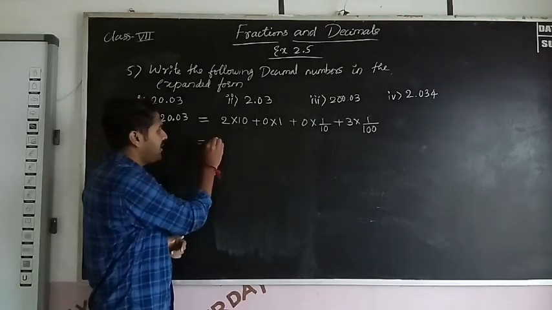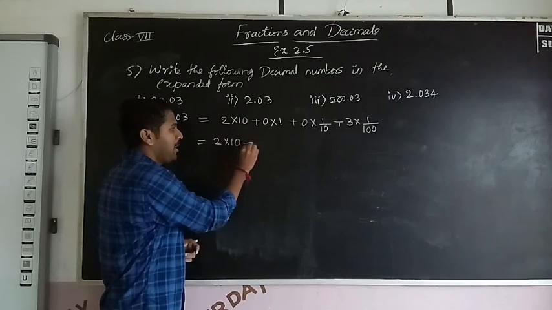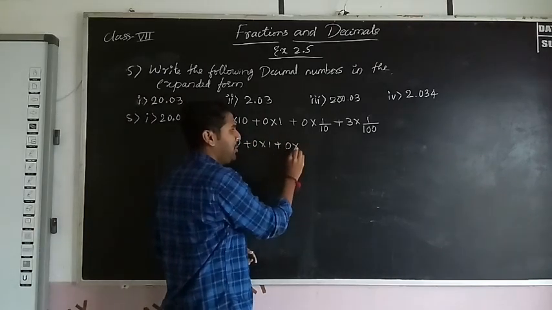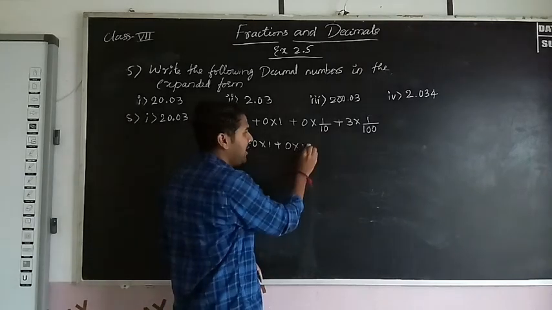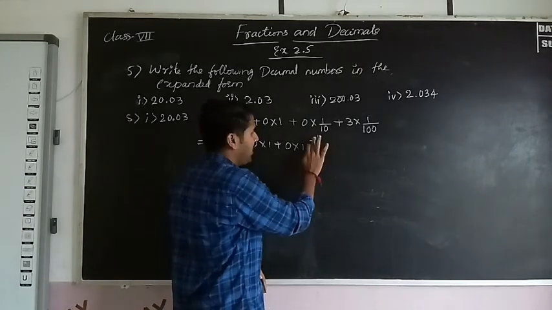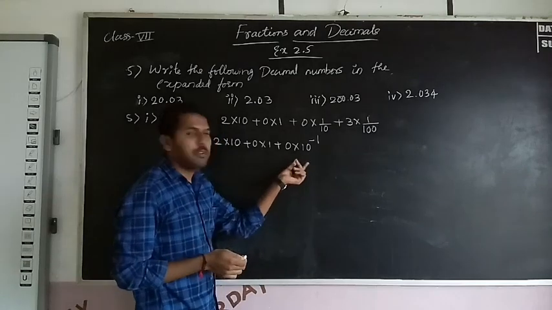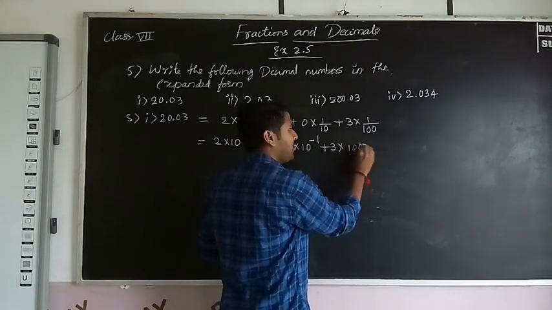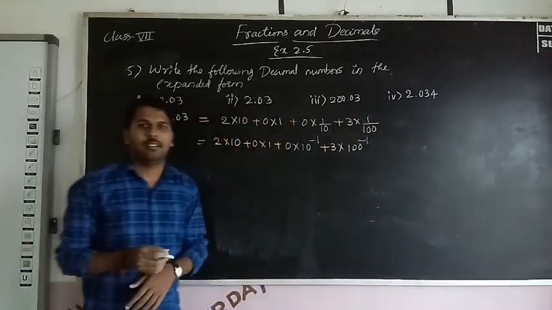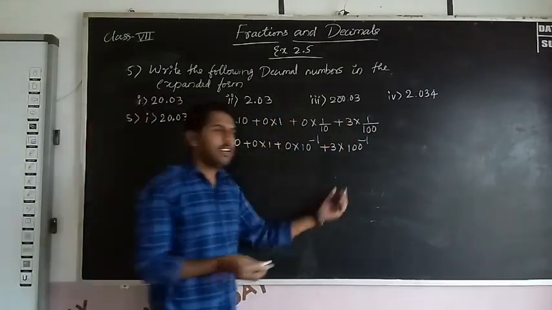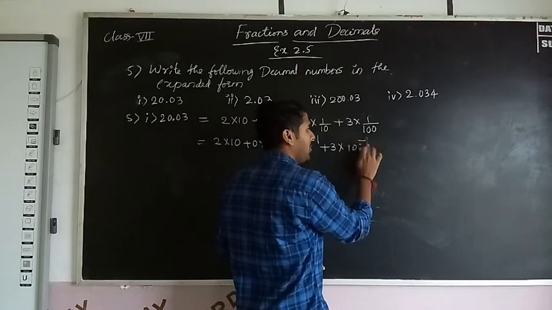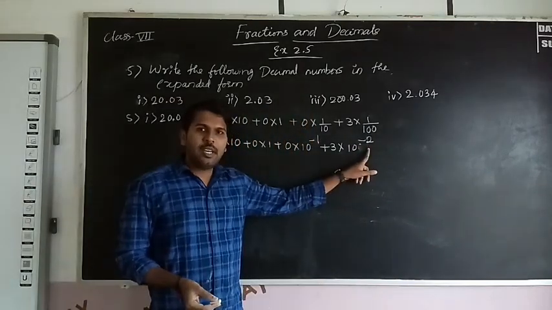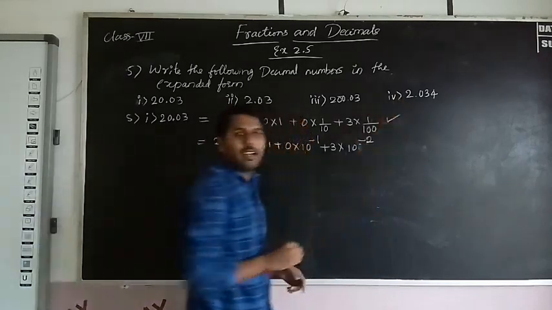Otherwise, we can write it as 2 into 10 plus 0 into 1 plus 0 into 10 raised to minus 1. Okay, this is not for your class, I am just explaining. Next, 3 into 10 raised to minus 2. Only the 1 by 10 and 1 by 100 form is for your class.